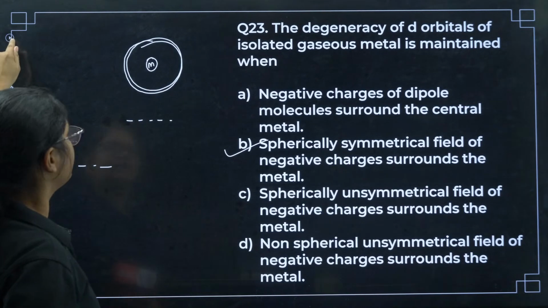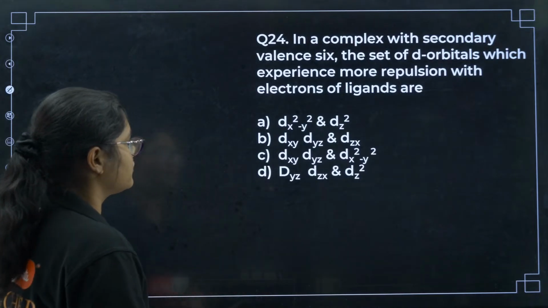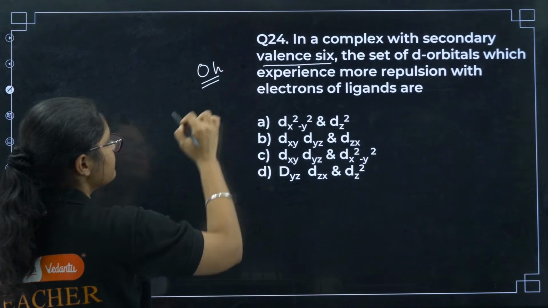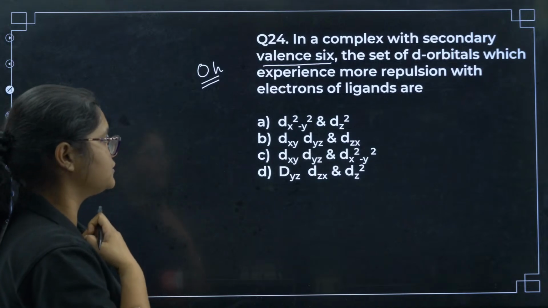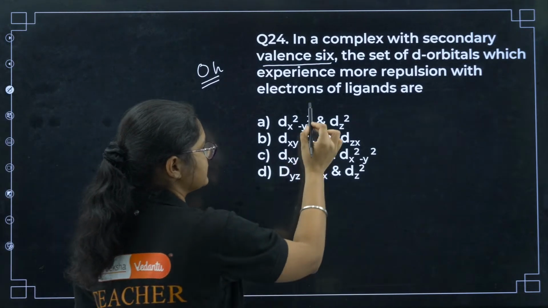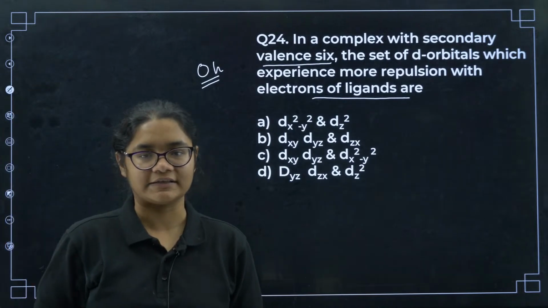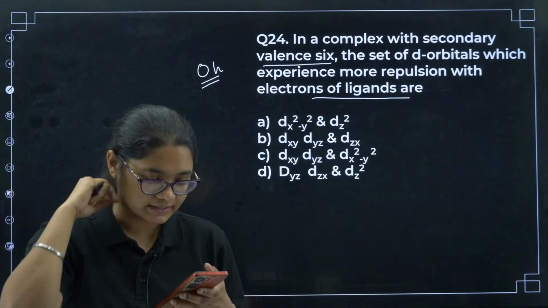Okay, next, in a complex with secondary valence 6, that means it is an octahedral complex. The set of d orbitals which experience more repulsion with electrons of ligand. So you can easily understand how the splitting of d orbitals takes place in an octahedral complex. Which orbitals experience more repulsion?